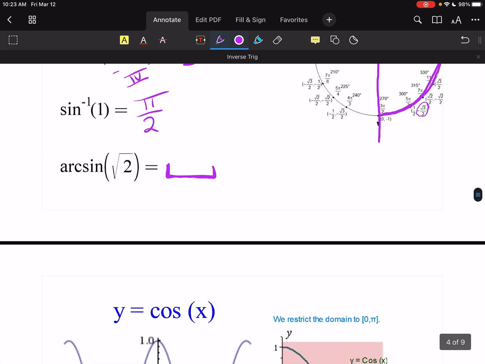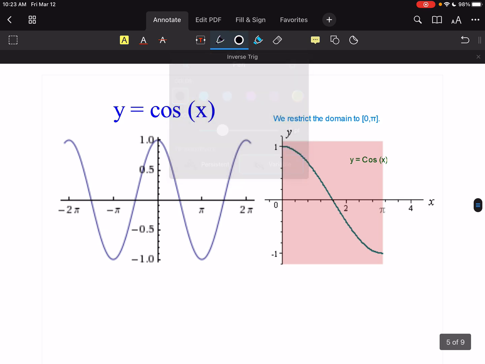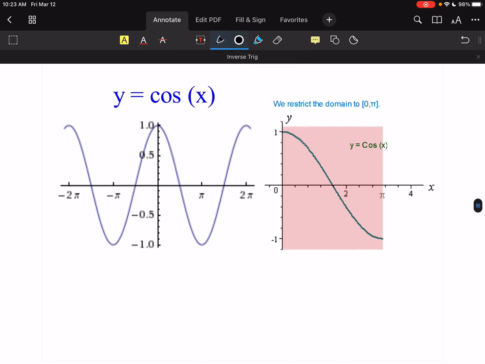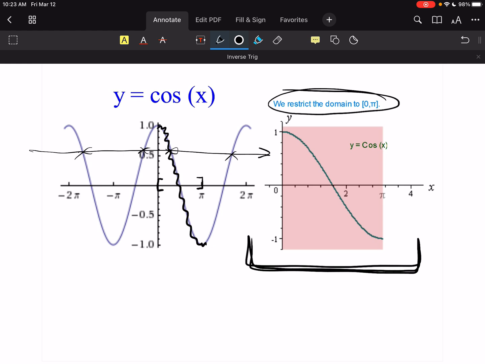So that is sine. Let's look at cosine. So there's my cosine graph. Again, not one-to-one, right? So I need to restrict my domain. And again, when I restrict it, right, I'm just looking at a particular section, and we're going to restrict the domain from 0 to pi. So that gives me this part of my cosine graph, okay, which is blown up here, right?